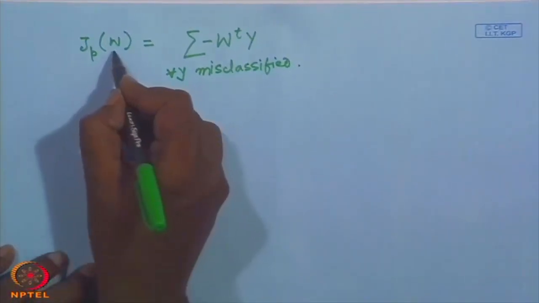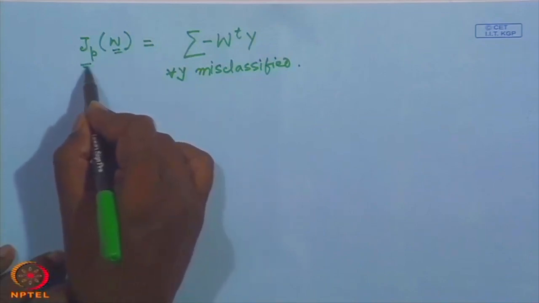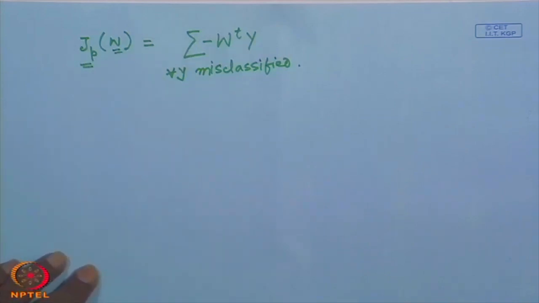And to get the value of W that minimizes this perceptron criteria function, we have used the gradient descent procedure. And the gradient descent procedure was something like this: initially you assume a weight vector which is set at random.